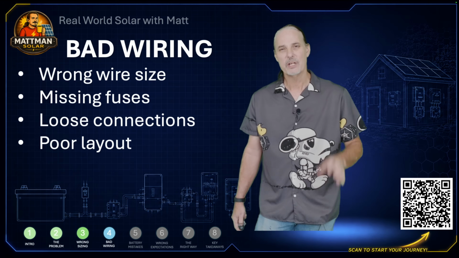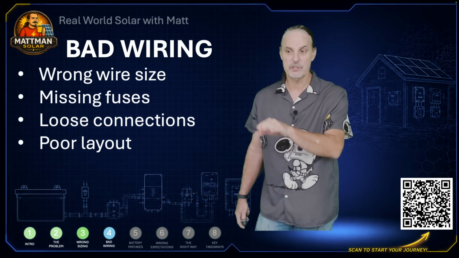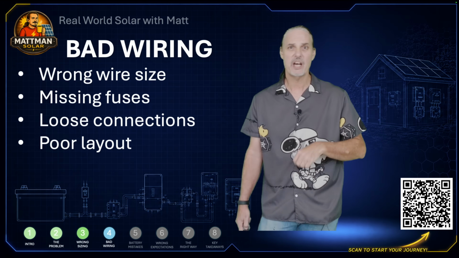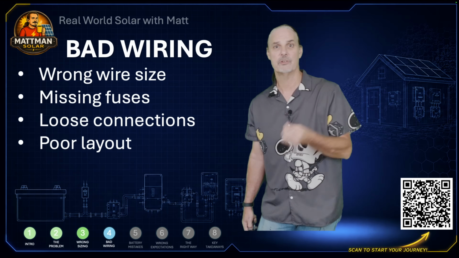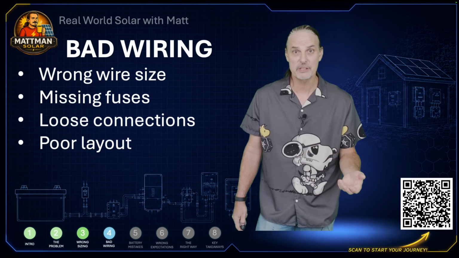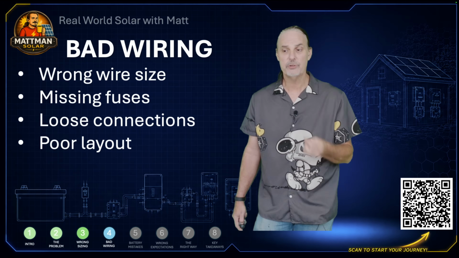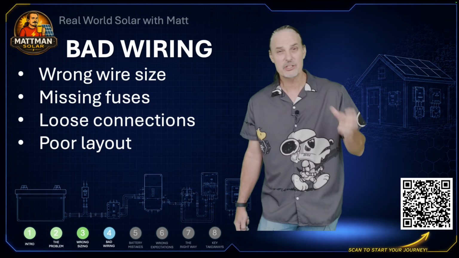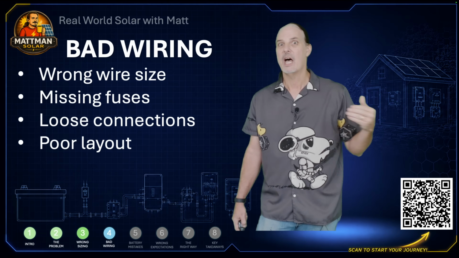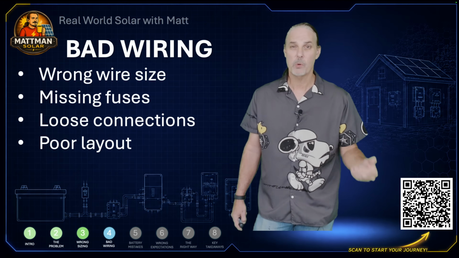Poor layout can lead to these types of issues. Wrong wiring size, because you don't want to run the big wires for the wrong distance because things aren't close together when they should be, or wrong fuses and loose connections can all be assisted by having a poor design.